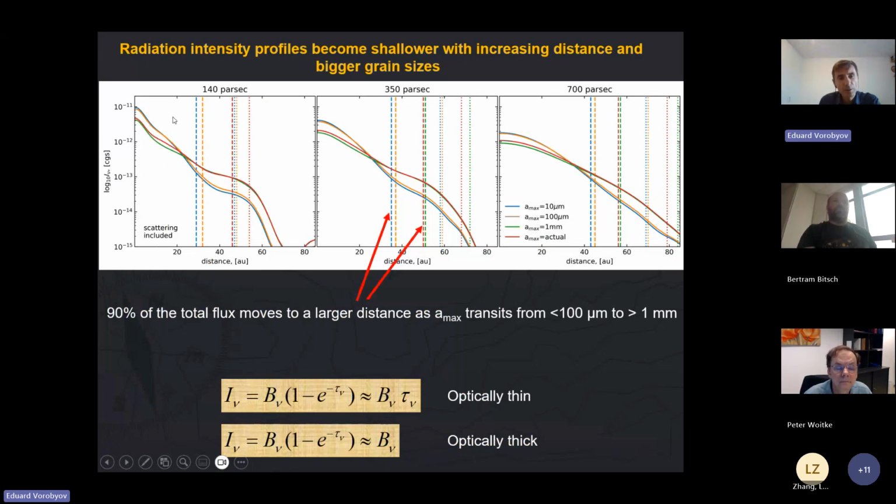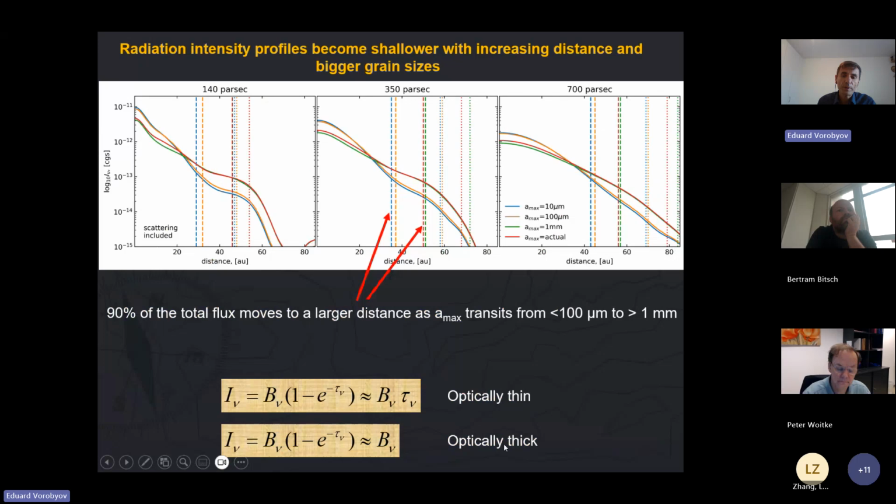This happens because the dust becomes optically thick at this dust size. It's optically thin here, and then mostly optically thin, and then it becomes optically thick at 1 millimeter. And in the optically thin case, the intensity is proportional to the Planck function times optical depth, and both decline with distance, so it's steeper.